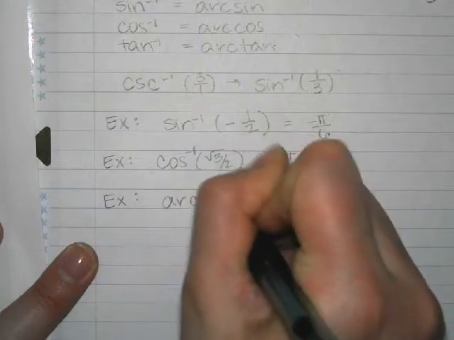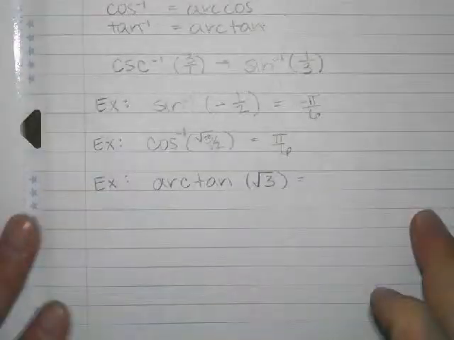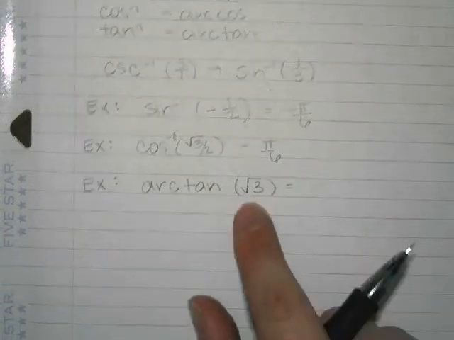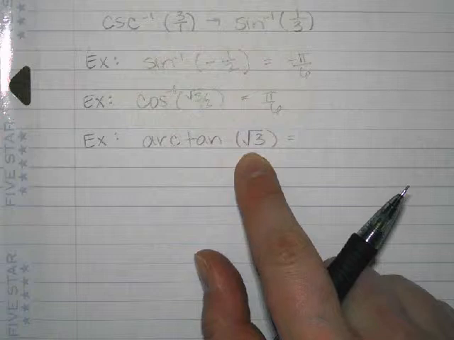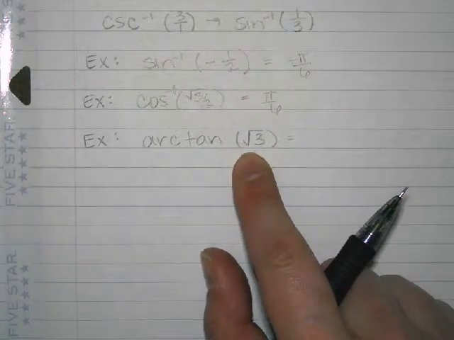Okay. Next, we're going to look for arctan of square root 3. These ones are a little bit more difficult because with tangent, you have to think about what divided to make that happen. Okay? So with tangent, I'm going to think y divided by x simplified and became this answer.